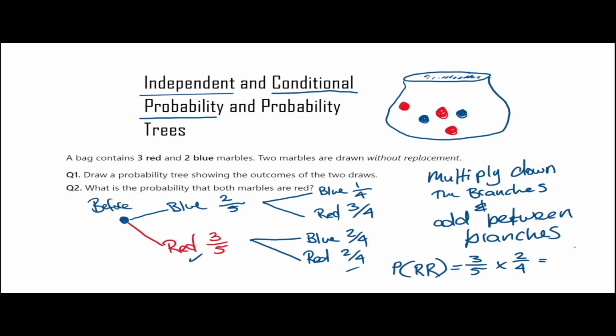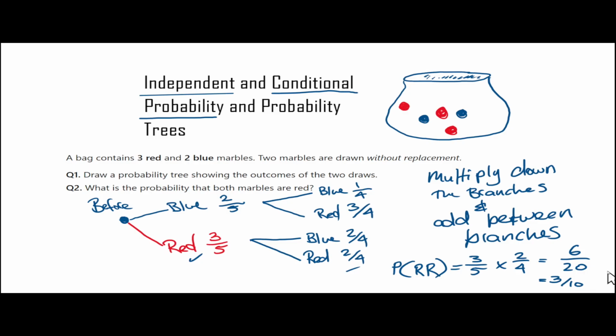So the answer is going to be 6/20, which is the same as 3/10. That's our probability. If we take the marbles out and don't put them back it's conditional.